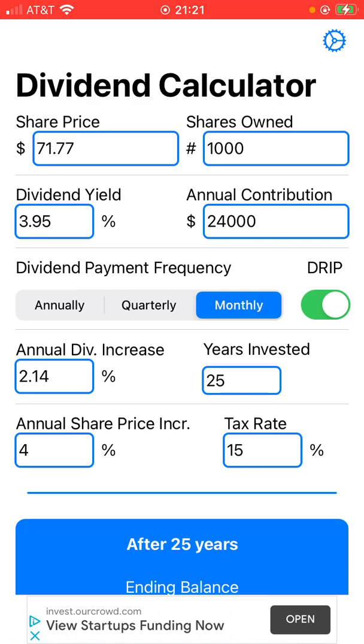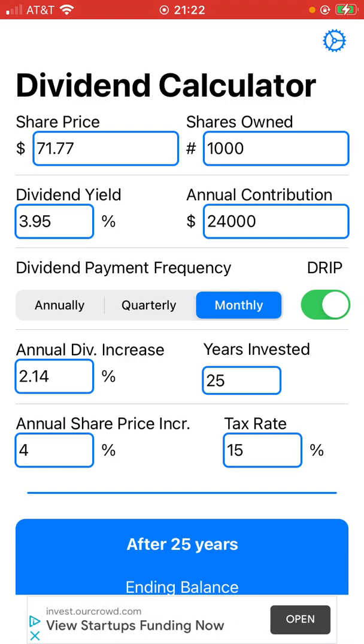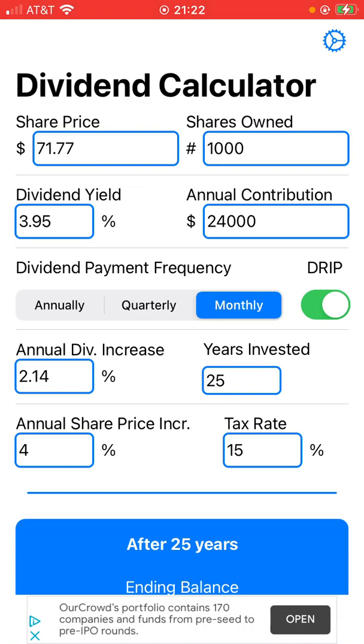It was under 2%, and when the pandemic happened in 2020, they just completely erased their dividend. So it's a shame, but at the same time, we understand that they had to protect their business and their company, and make sure that it survived the pandemic.